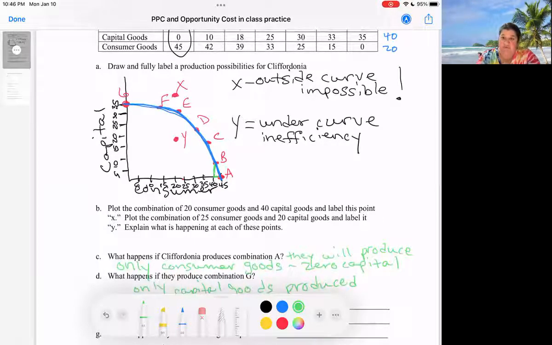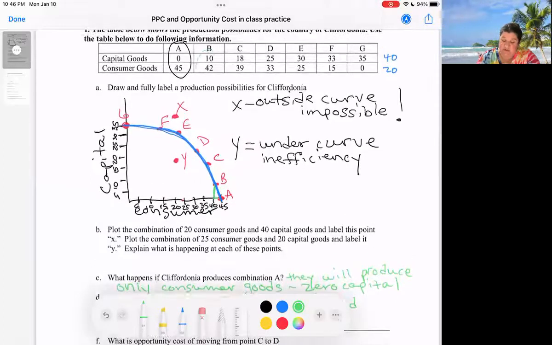So we can also use the chart to talk about opportunity cost of moving from one to the other. Remember, when you move up the production possibilities curve, your opportunity cost is the things that are on the x-axis. So that would be the difference from going to here to here.